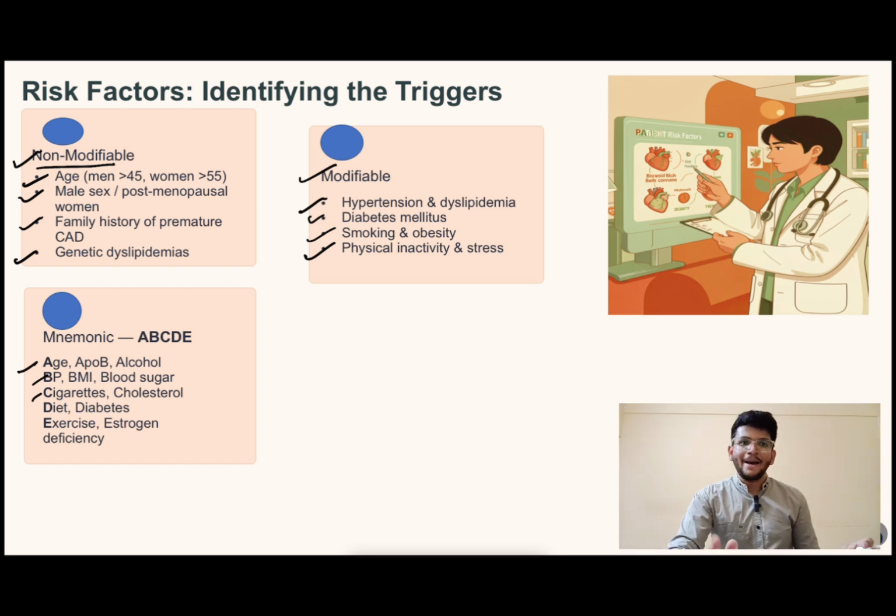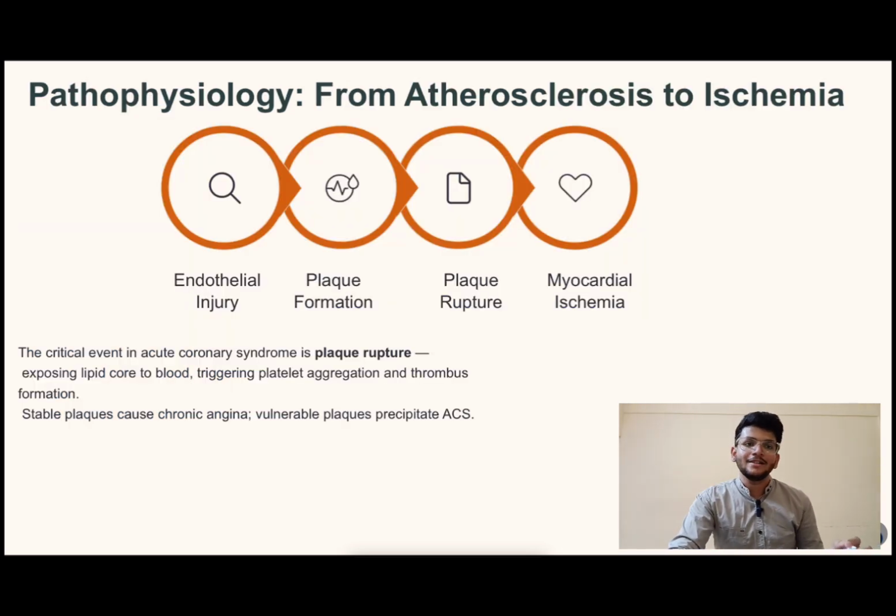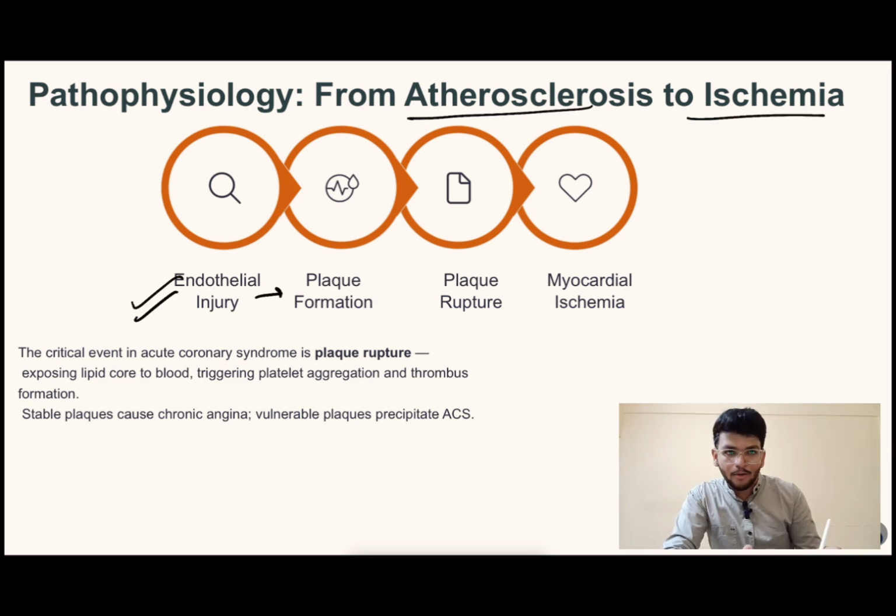Now let us learn the pathophysiology causing ischemic heart disease. From atherosclerosis to ischemia, endothelial injury occurs, which causes platelet formation. These platelets accumulate and form thrombosis there, causing the plaque.